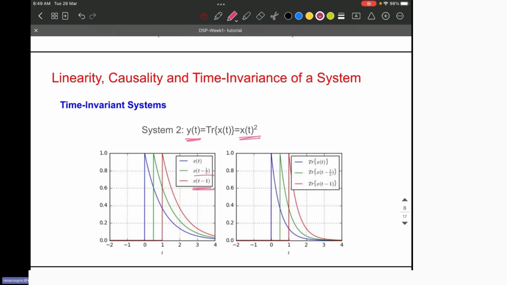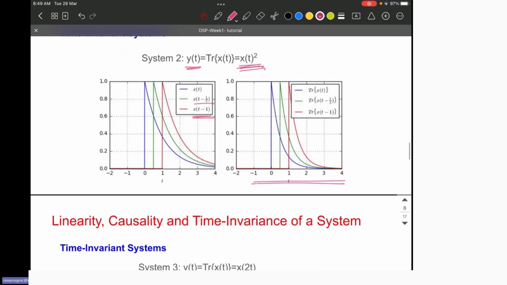If you find the output, you will get this. By looking at the plot, you can say whether there is the same shift or not. Mathematically also we can calculate whether the system is time invariant or not, and that we will see later in this tutorial.